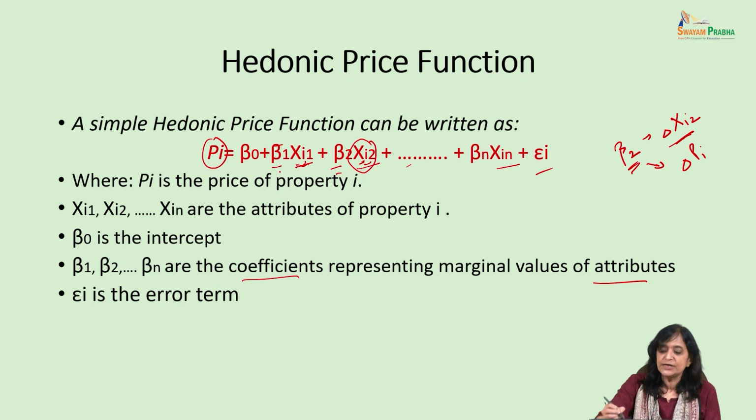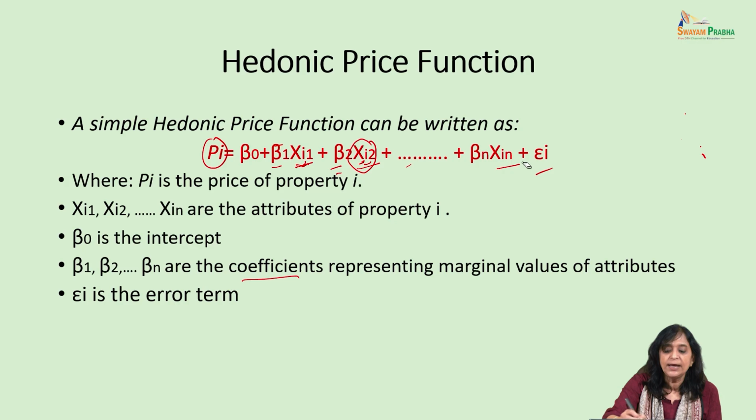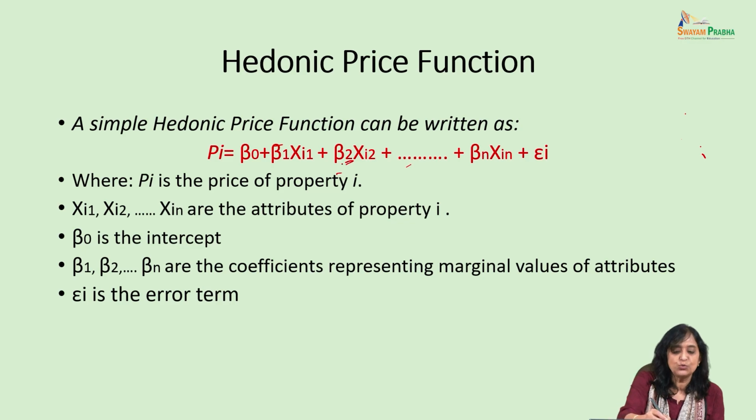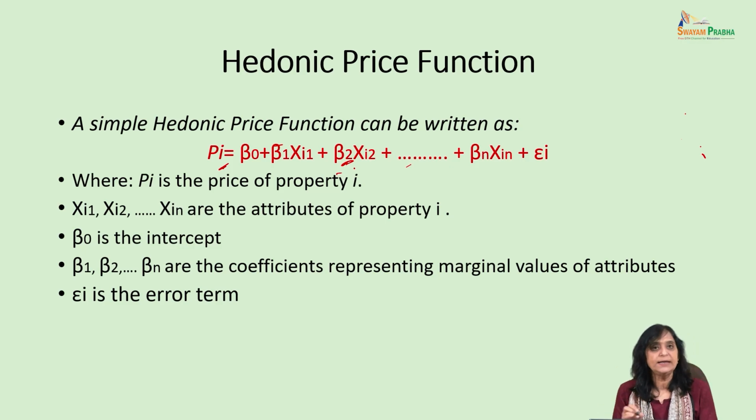But all this we are saying is that, for example, if xi1 is changing, at that time xi2, xi3 till xin have no change. So only the change in one value is bringing a change in the price, and that is measured by the coefficients which we call beta.